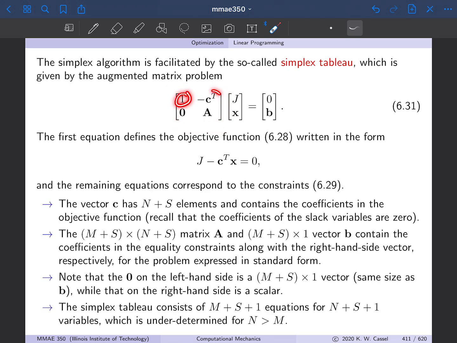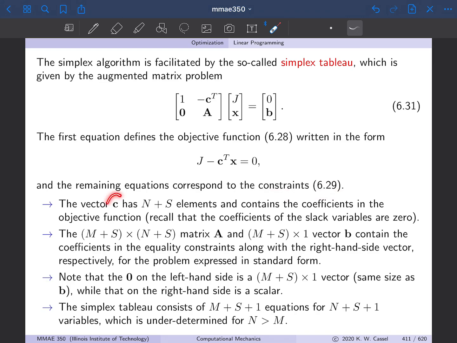There are 4 blocks, but each of the blocks could be a vector or a matrix of an appropriate size that forms a much larger matrix. So again, as I said, the first row is 1 times J minus c transpose times x is equal to 0. So that is simply the objective function that we had before. And then the remaining equations are the constraints that we had, Ax equals b constraints.